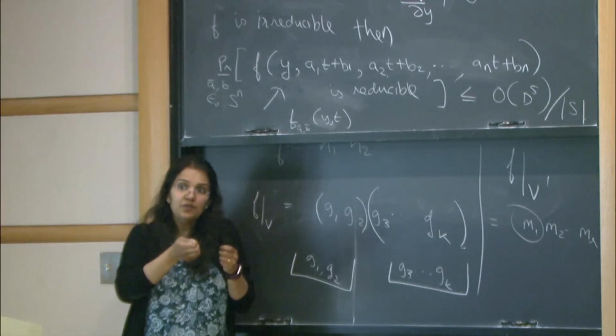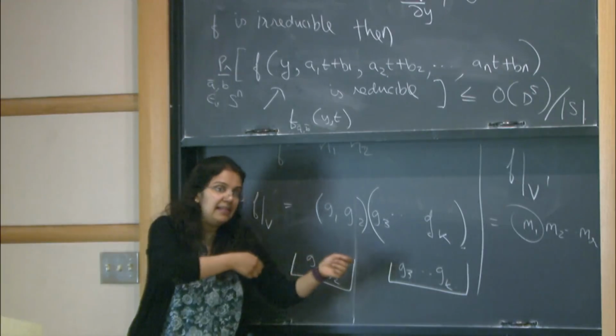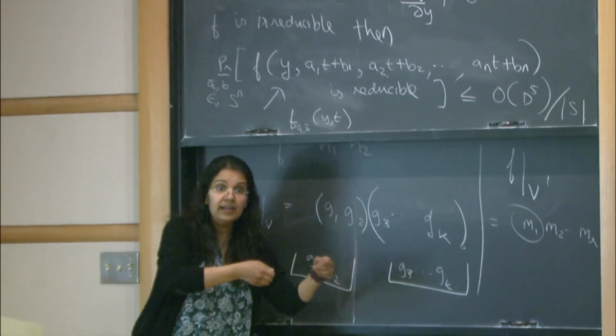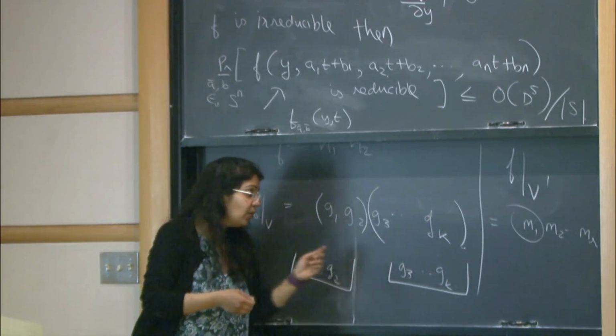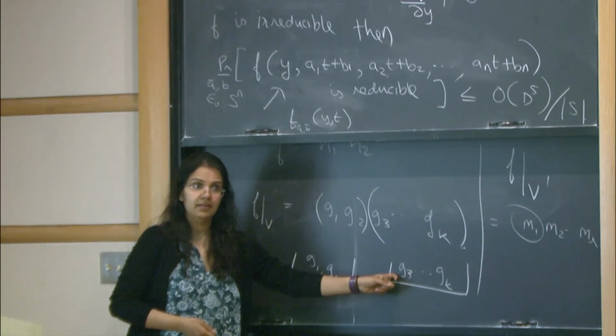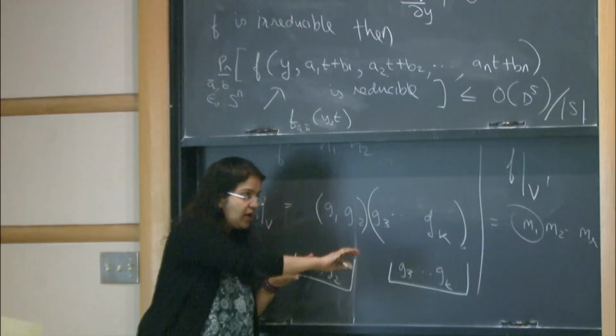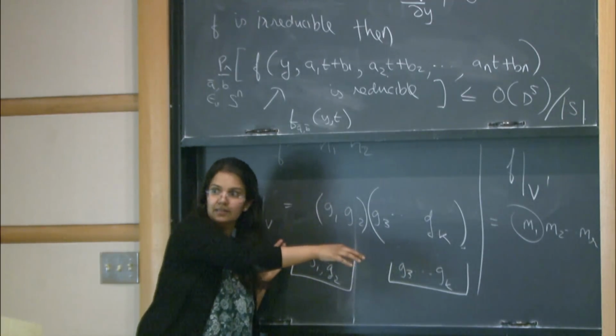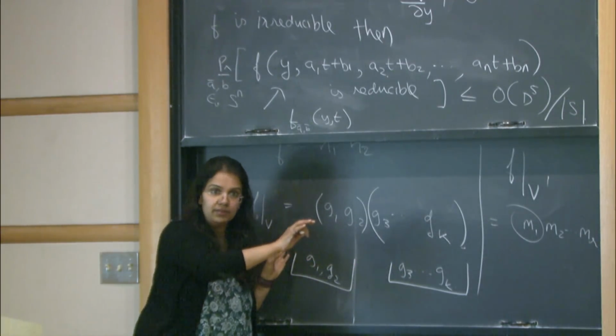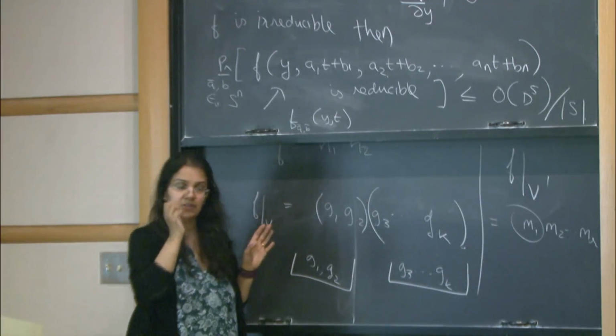Can there be some confusion? Maybe it could have gone into this bucket and that bucket? No, it can't, because the GCD is 1. Since the GCD of these two buckets is 1, these gi's are completely distinct. So there's no confusion. This GCD 1 property ensures there's no confusion.